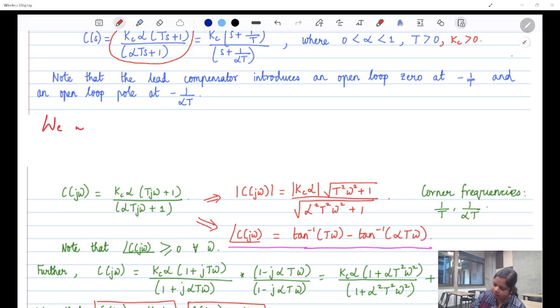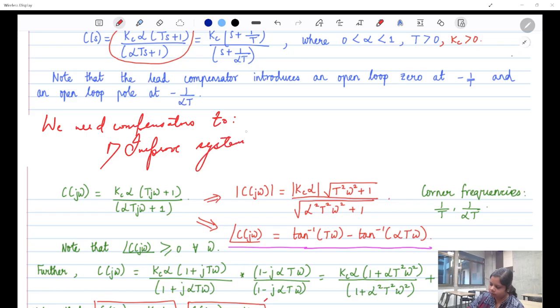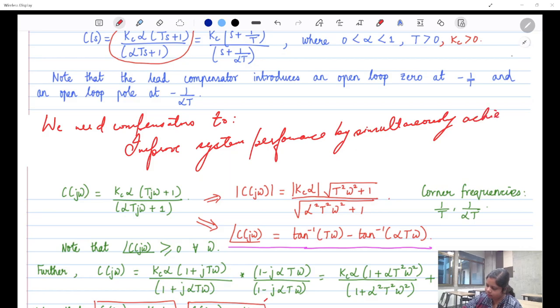We need compensators to improve system performance by simultaneously achieving stability and accuracy.